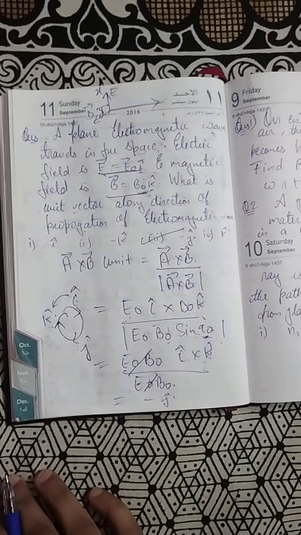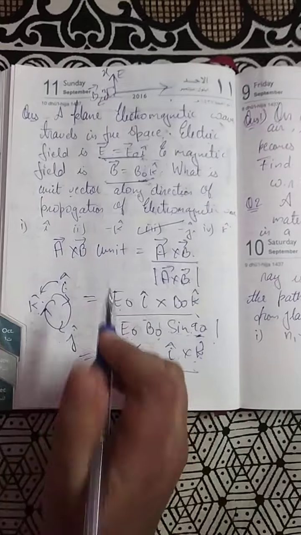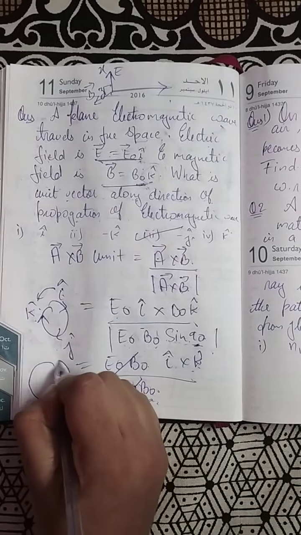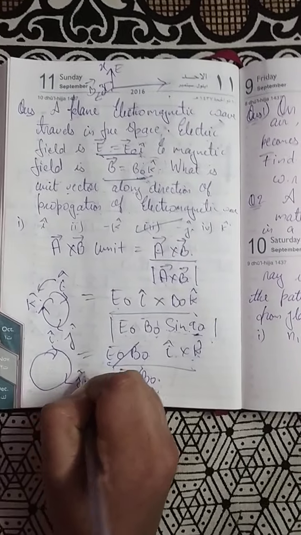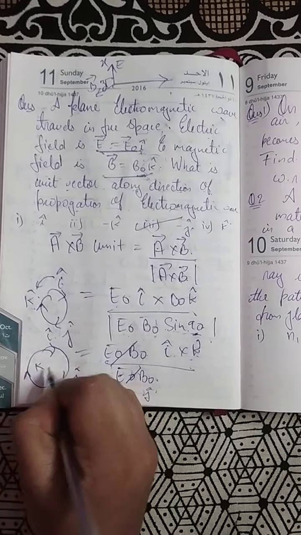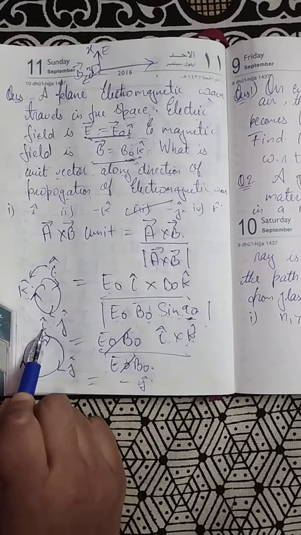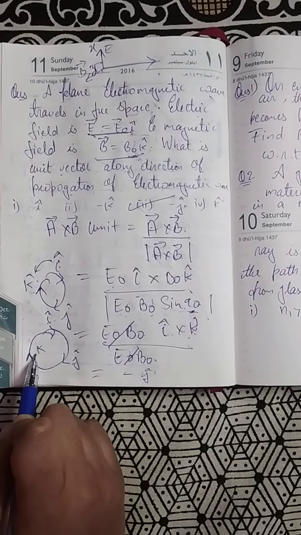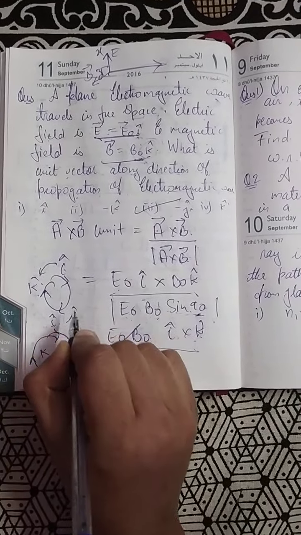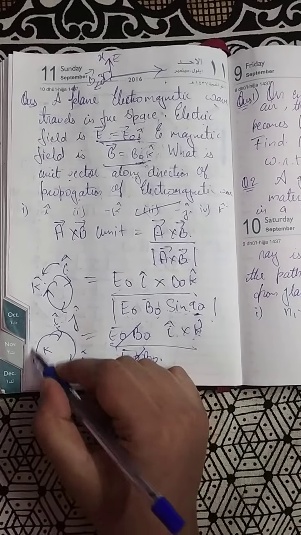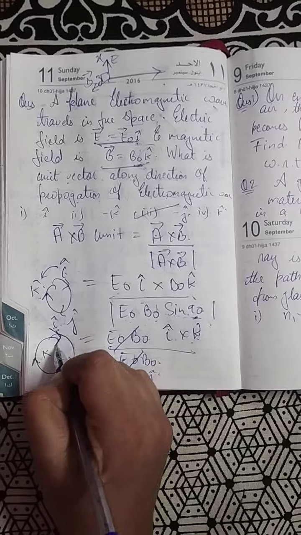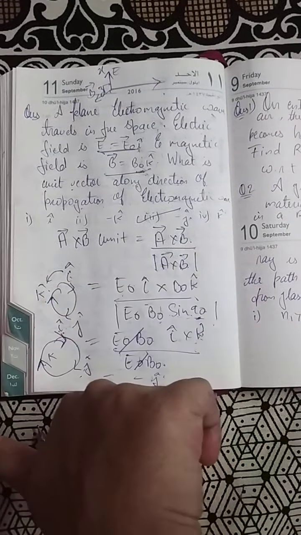If you are still confused, look, we have a circle of I, J, K. If you have I cross J, the answer is positive K, following the circle. If you have J cross K, you get positive I, because you are following the arrow direction, clockwise.